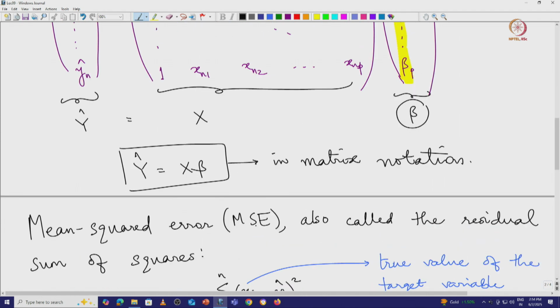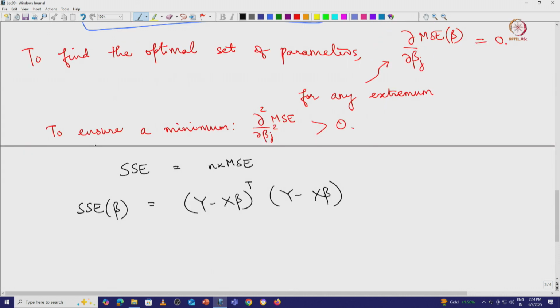In matrix notation you saw that y hat was x beta. So y is the vector of true values and you are subtracting x beta from it. That is the error, y minus x beta, and if you take (y minus x beta) transpose times (y minus x beta), you will actually get the sum of squared errors. So it works out very nicely.